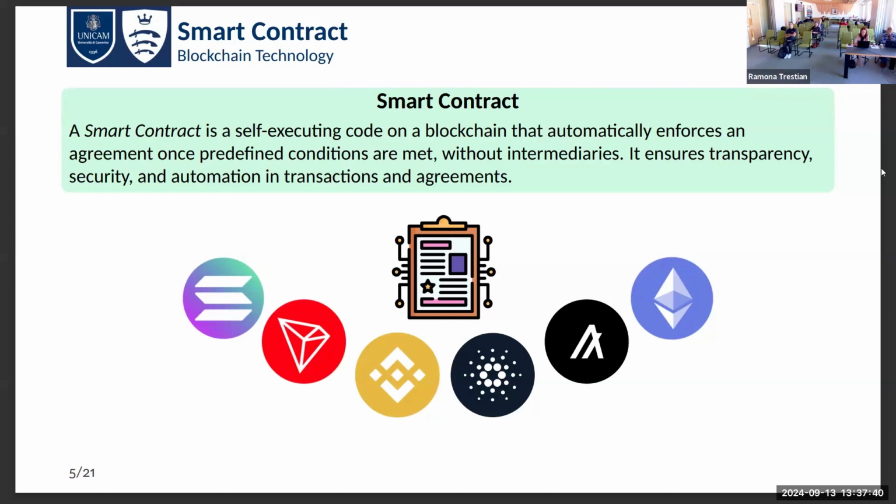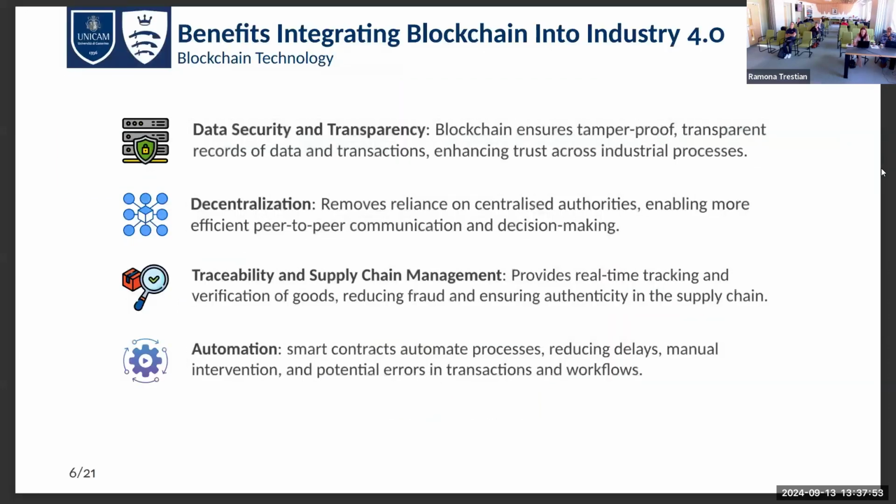Today we have plenty of blockchains that offer very different characteristics. For example, we have Ethereum, which is the first one, and Solana, which is completely different from Ethereum, and we can choose the blockchain that best fits our needs. The main benefits of introducing blockchain into Industry 4.0 are certainly security and transparency, because, being a distributed system, every participant is able to verify what happened, and every transaction within the blockchain is marked using cryptographic primitives: asymmetric digital signatures for authentication and hash functions for integrity.